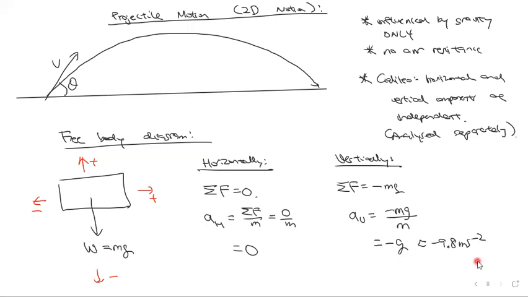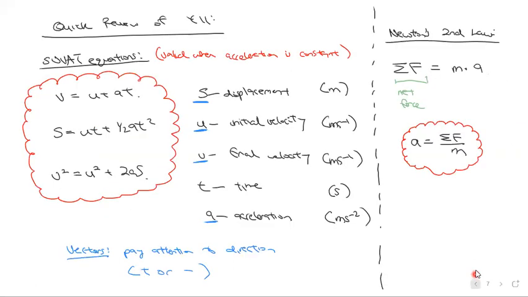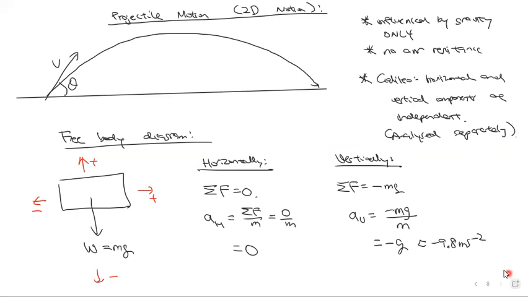Yeah. Which basically means that is a constant. Now, if you have constant acceleration, what formulas can we use? The SUVAT ones. Exactly. So what we can now do is use our SUVAT equations on the horizontal and vertical separately.